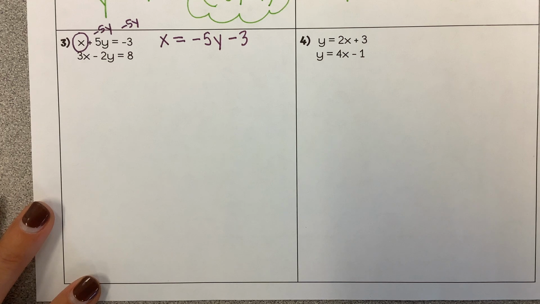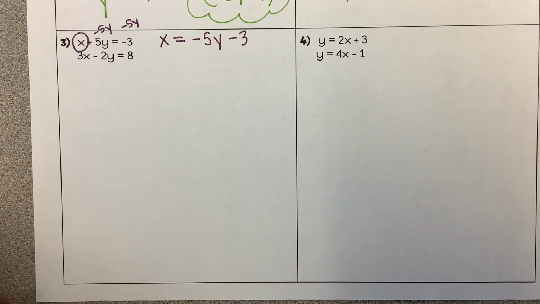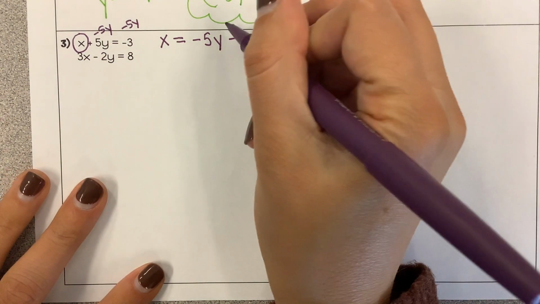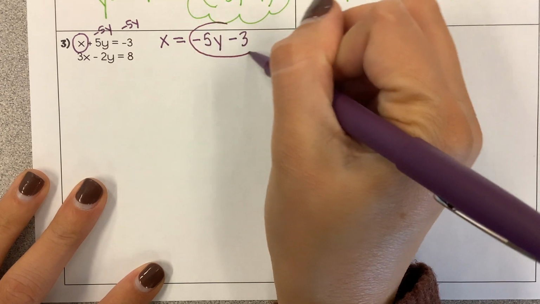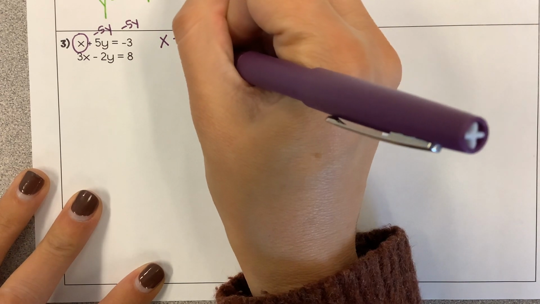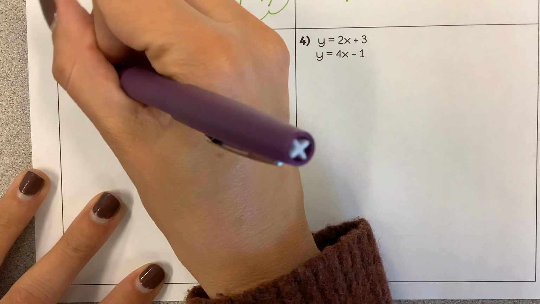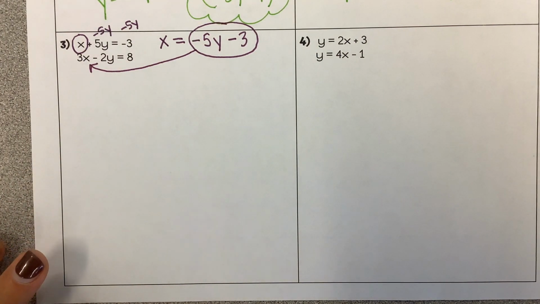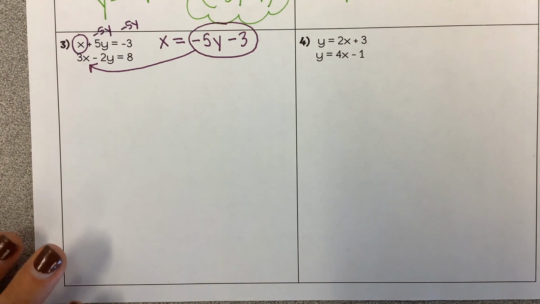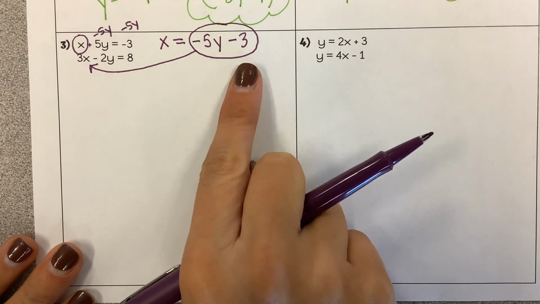Now I can use that to substitute in. What we are going to substitute in is this entire value where x is. And being careful to use parentheses because it needs to apply to this whole entire thing.